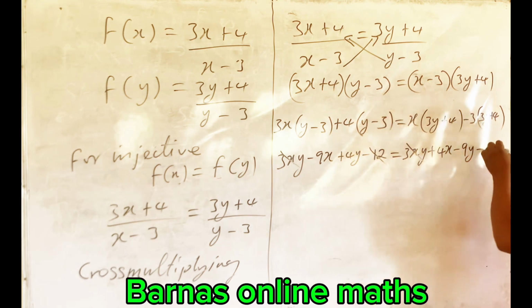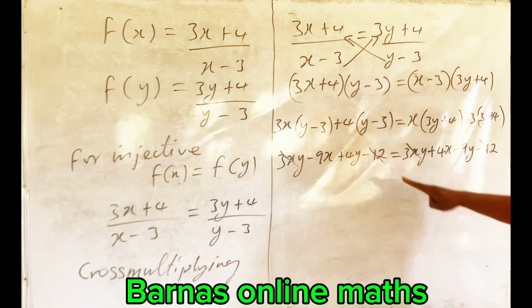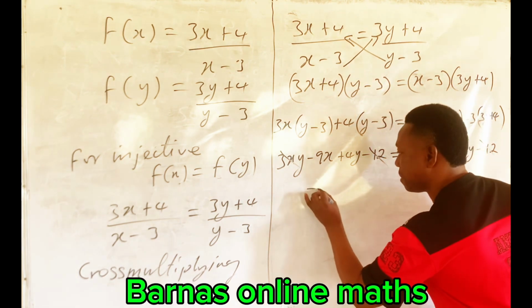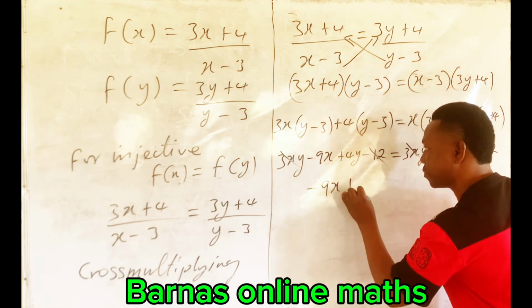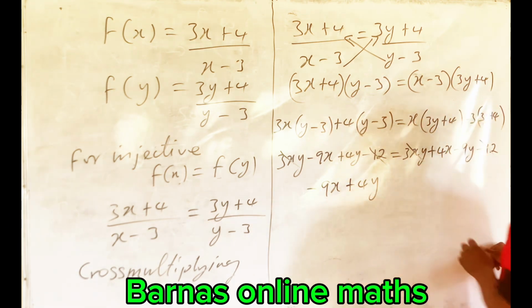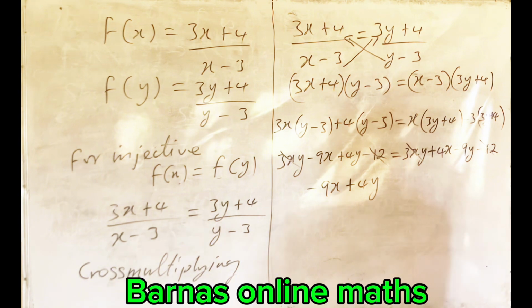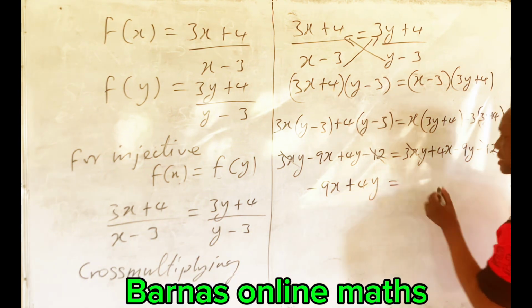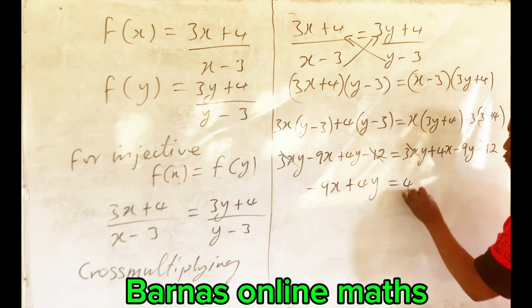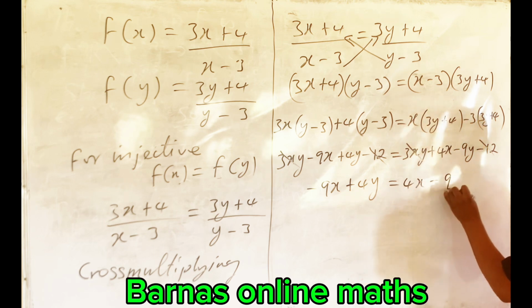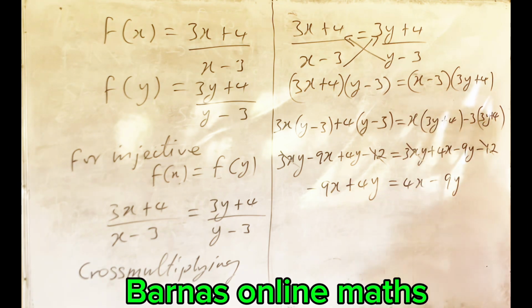What is left now becomes minus 9x plus 4y in the left hand side. Now what is left in the right hand side simply becomes 4x minus 9y.